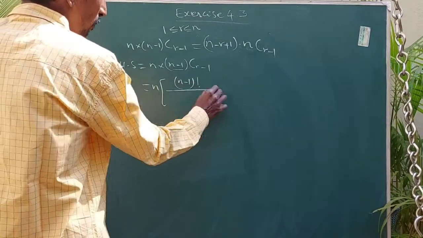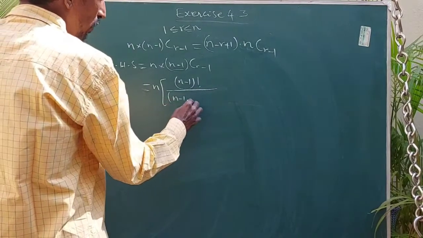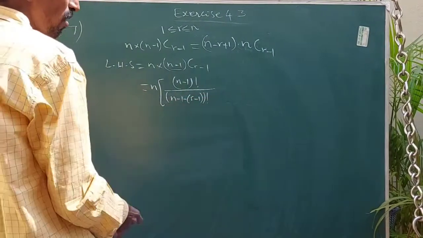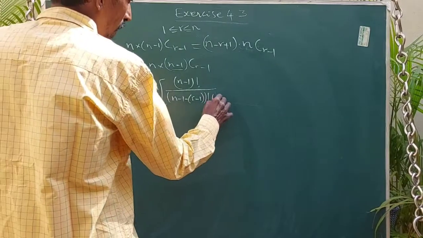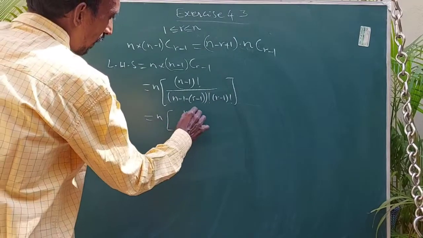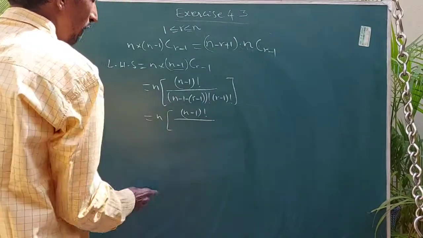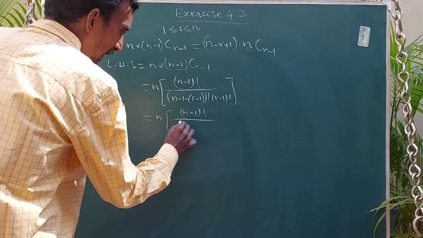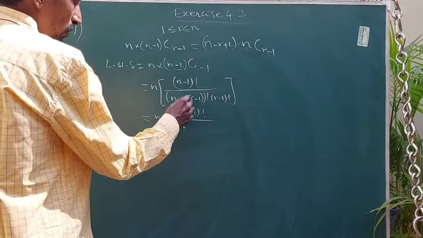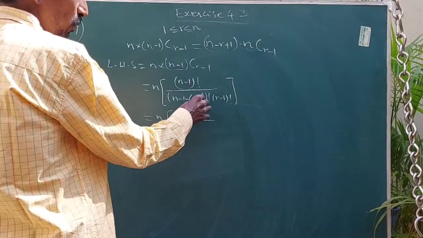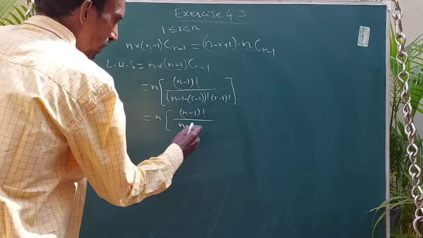So n minus 1 factorial by n minus 1 minus r minus 1 factorial, into r minus 1 factorial. So n into n minus 1 factorial by, we simplify inside: n minus 1 minus r, here it becomes plus 1, that minus 1 and plus 1 cancel.